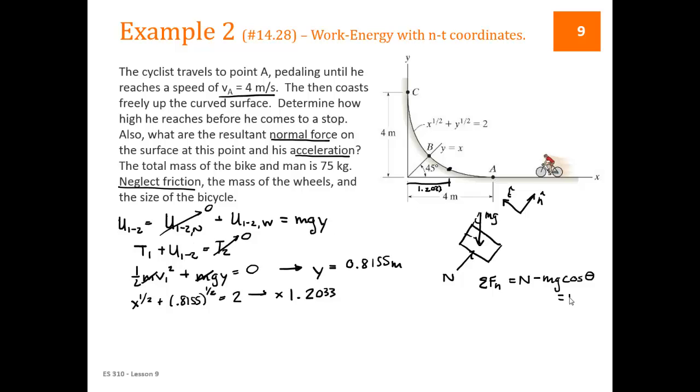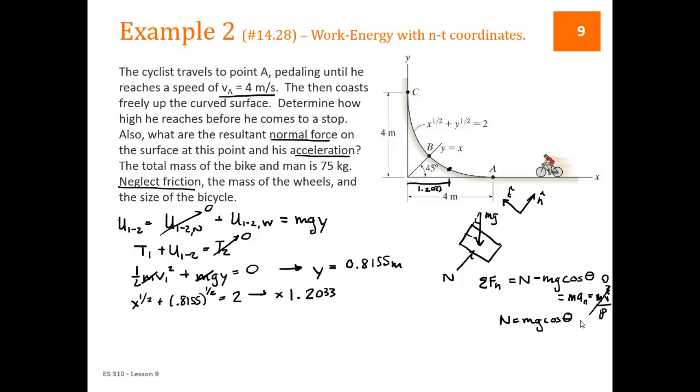This is going to equal mass times the normal acceleration, and the normal acceleration is v squared over rho. We know the speed at this point is 0, so this is going to equal 0, so we can find the normal force. Normal force is going to be mass times g times cosine of theta.